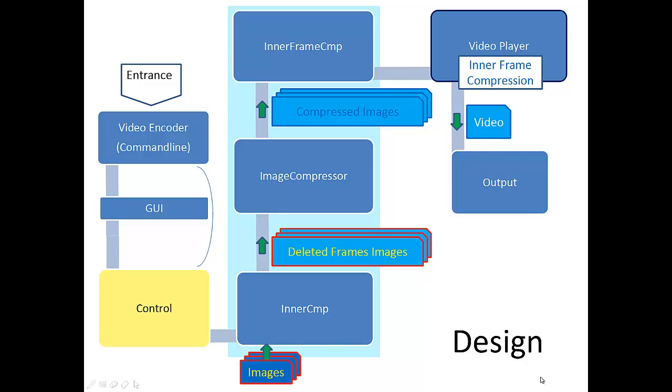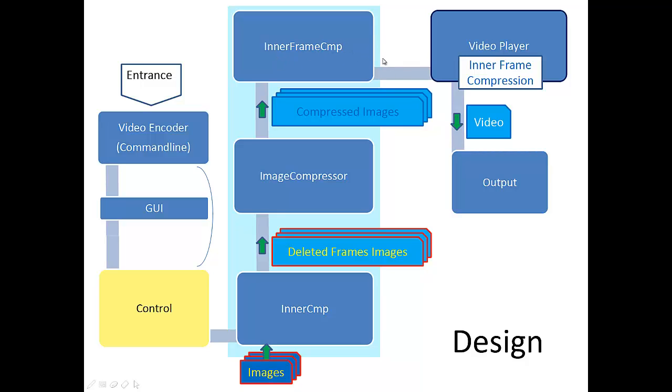In compression, first we use this inner CMP class to take images, and after this class it would produce the deleted frame images, and we would send these deleted frame images to the image compressor class. This class would compress the images and then send the images to the inner frame compare class.